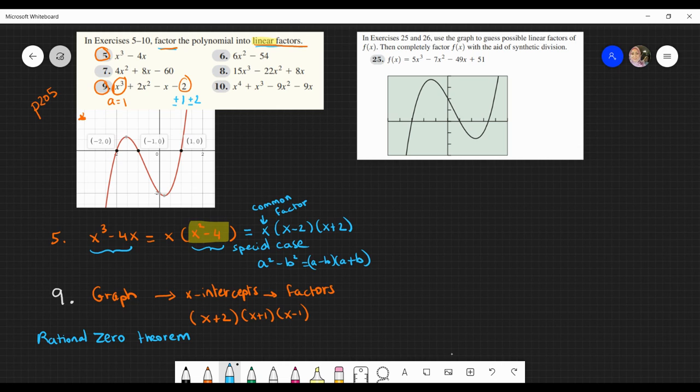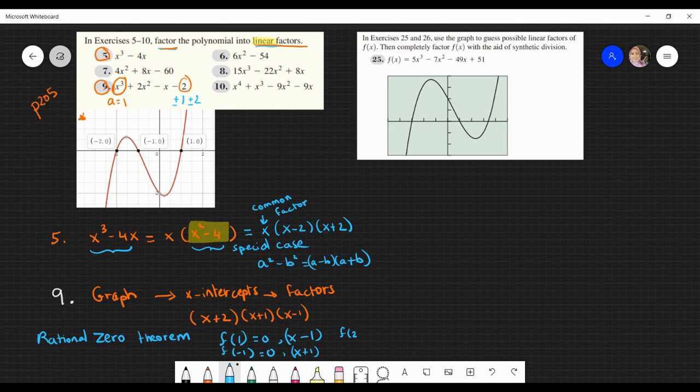So let's say I plug in 1 in the function. If I get a 0, and I will if you try it, I'm going to get x minus 1 as one of the factors. If I plug in -1, you can try it and take your time with it, but you are going to get a 0, which means x plus 1 is another factor.